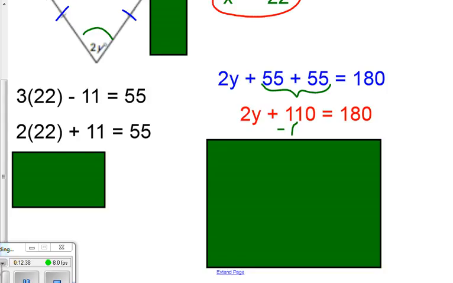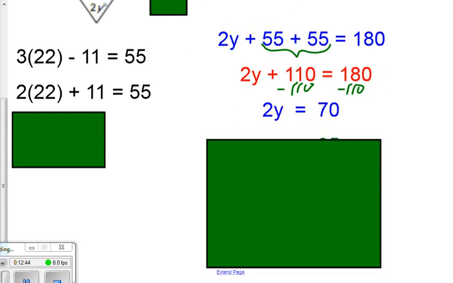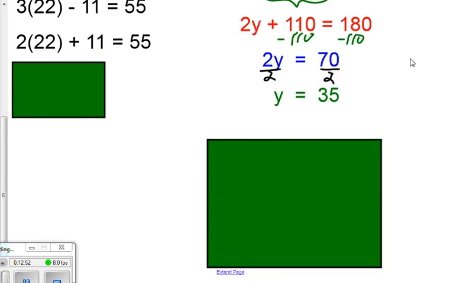We can subtract 110 from both sides. So we'd have 2y equals 70. And the last thing we need to do is divide both sides by 2 to get y alone. We'd have y equals 35. So at that point, we've solved for both x and y. And that's going to conclude our first section.